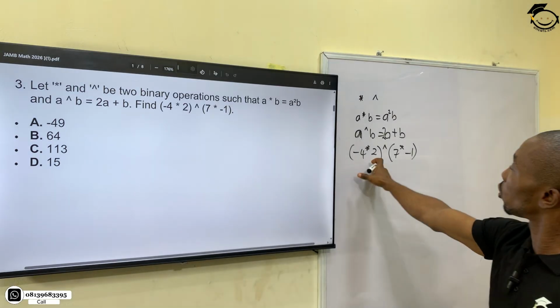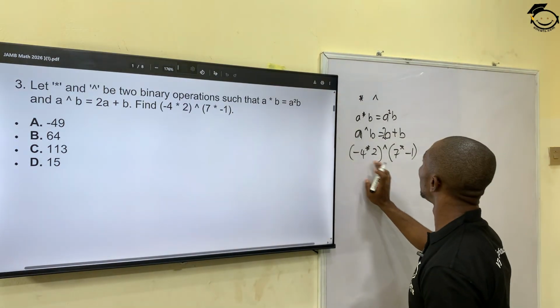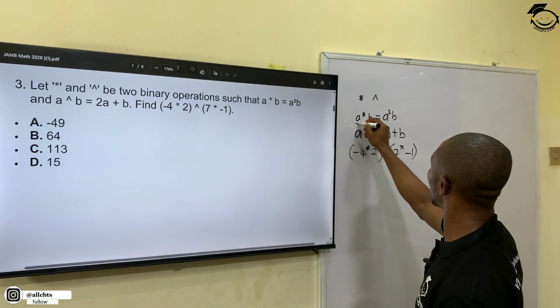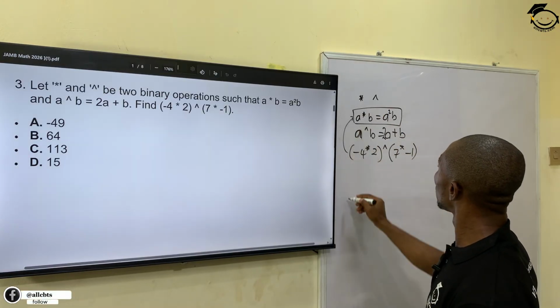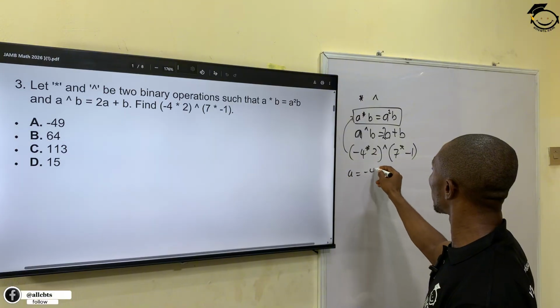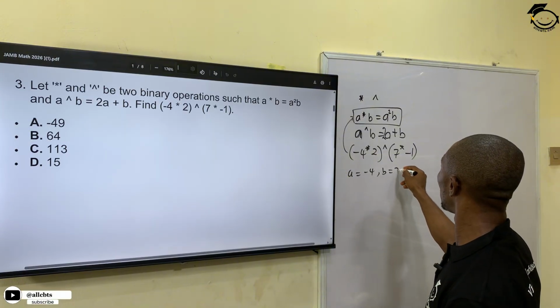Now, considering our first bracket, minus 4 times 2, our A in this will become minus 4, and our B will be 2.